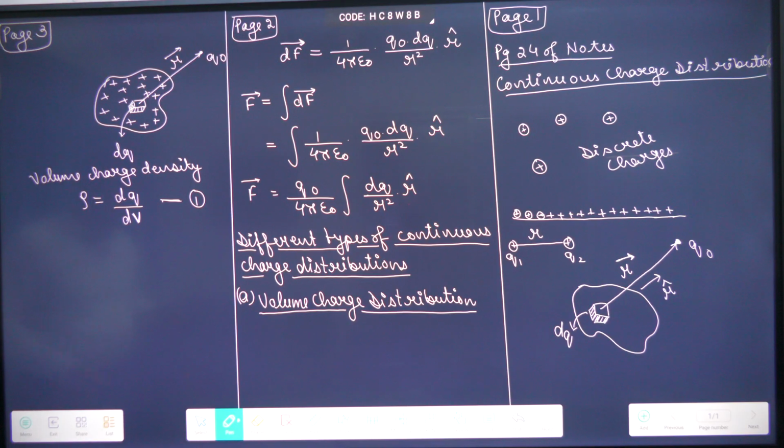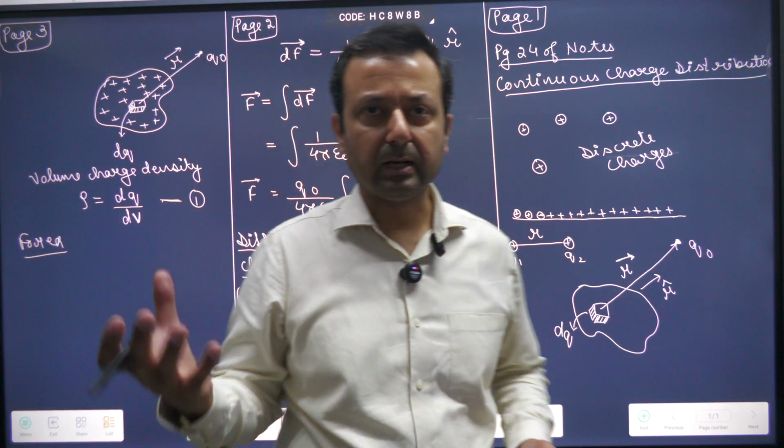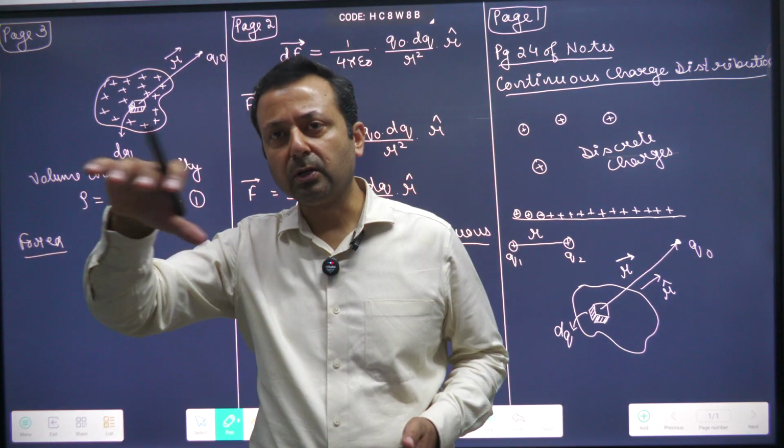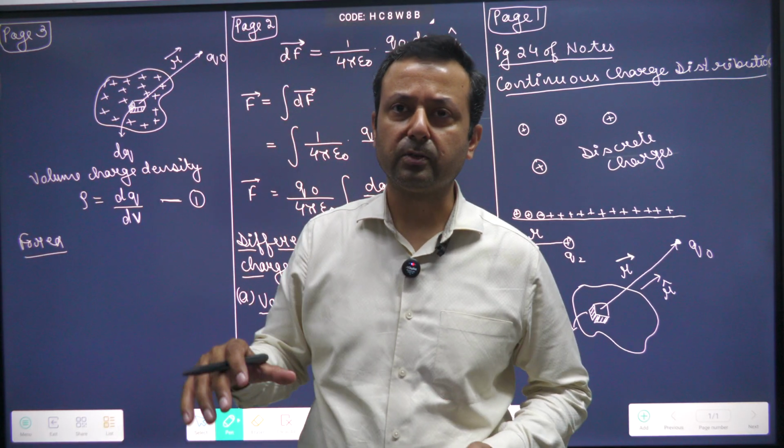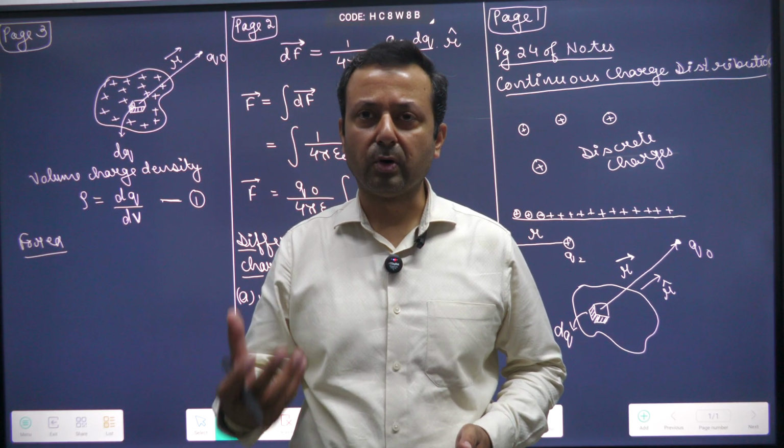Next, for example, if a charge q is distributed over the entire volume of a sphere of radius capital R, then its volume charge density is, for example, if we are saying that inside a sphere, the total charge which is filled up inside a sphere be Q, then what will be the volume of that sphere?